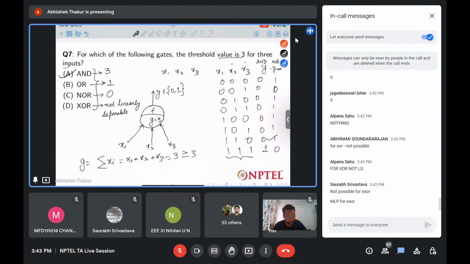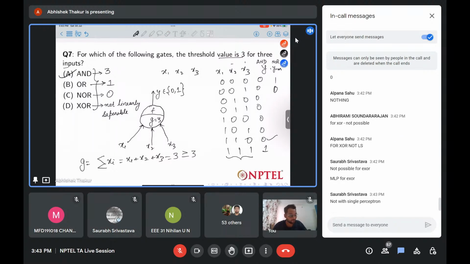And for everything else, it will be 0. Because NOR is the complement of OR. So whenever the output is 1 for the OR, then the output for NOR will be 0. So this will be 0, 0, 0, 0, 0.